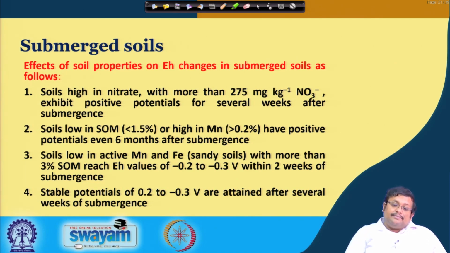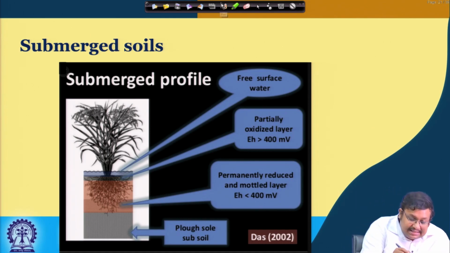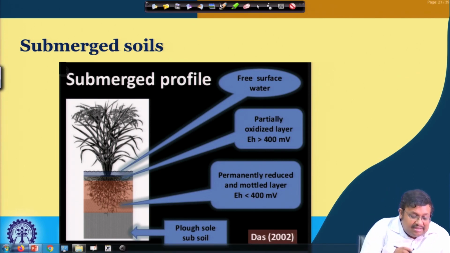So, when we see the cross section of a submerged soil, we will see some morphological features. What are the morphological features? It is quite clear from the submerged soil profile. This is the free surface water.